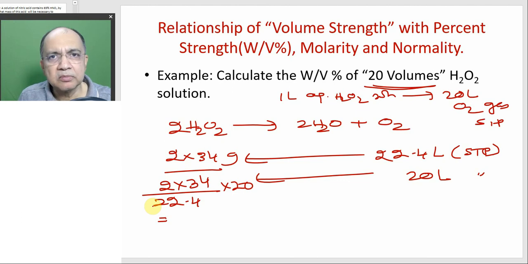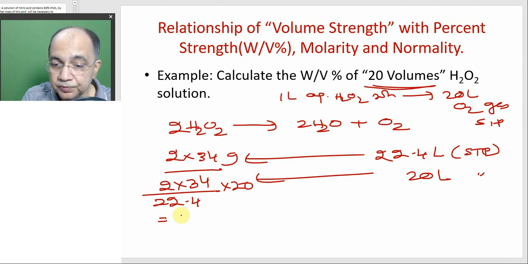Doesn't matter. 2 into 34 into 20 divided by 22.4. It is 60.71 gram.